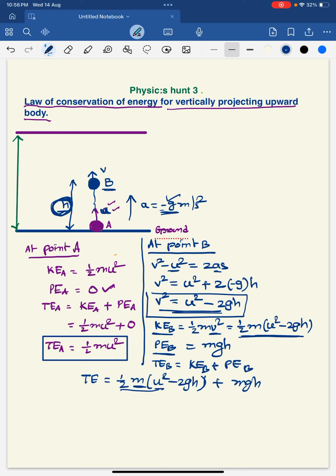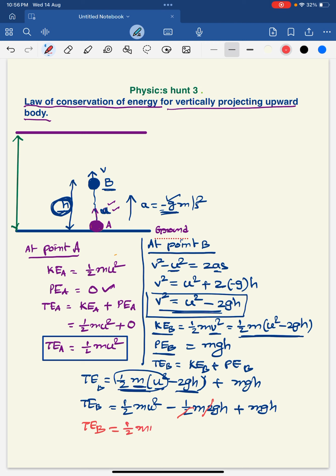Look here, half m is multiplied with u square and half m is multiplied with 2gh. So in the next step, total energy at point B is equal to half mu square minus half m into 2gh plus mgh. Here the denominator 2 and numerator 2 cancel.